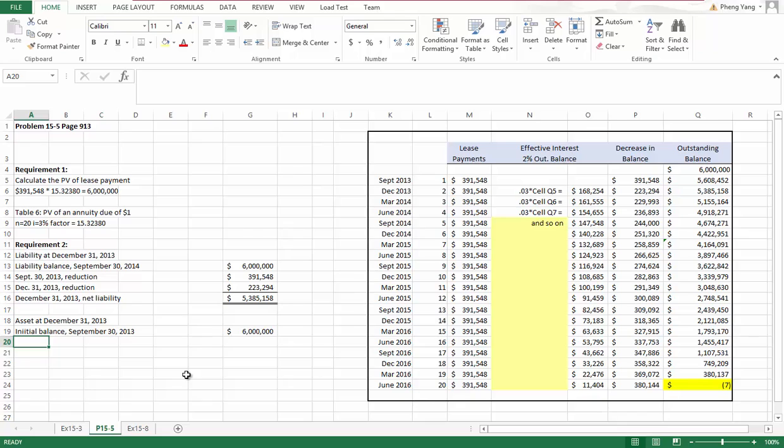Then we would just subtract the accumulated depreciation at December 31st, 2013. So our December 31st, 2013 asset would be, and let's go calculate the depreciation then, okay?